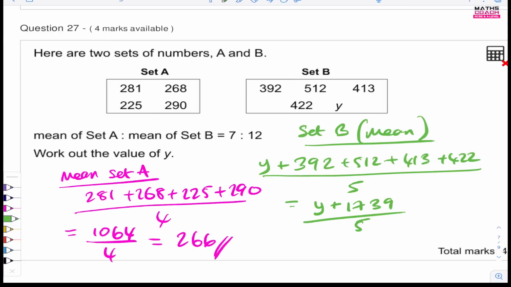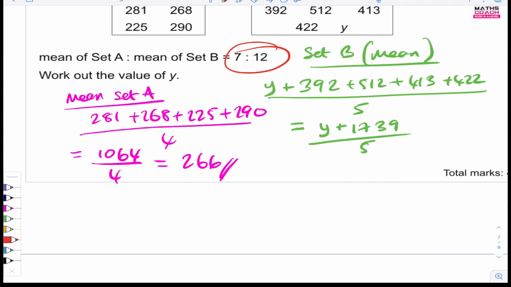We can't obviously work out the value for a mean because we have that Y in there. So in that ratio, we can now write 266 to Y plus 1739 over 5, and that is 7 to 12.